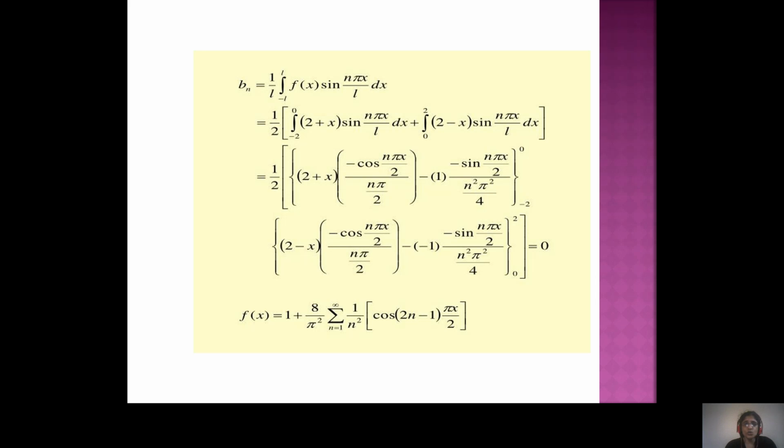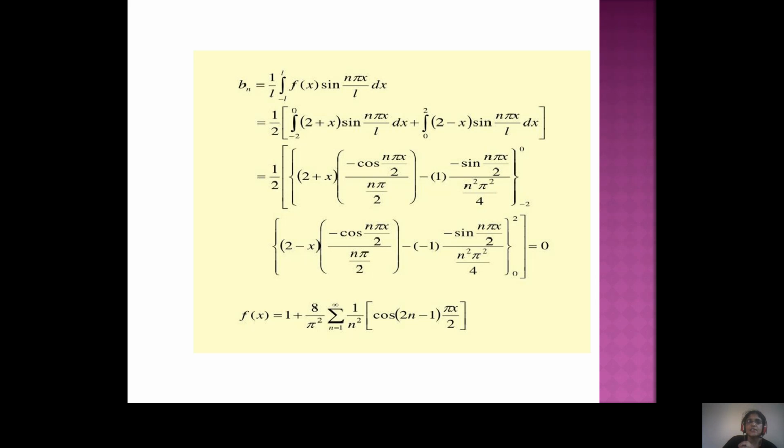And next, 2 minus x into minus cos n pi x by 2 by n pi by 2, minus of minus 1 into minus sin n pi x by 2 by n square pi square by 4, at the interval 0 to 2. So first you integrate the first one, and then you integrate the other one.